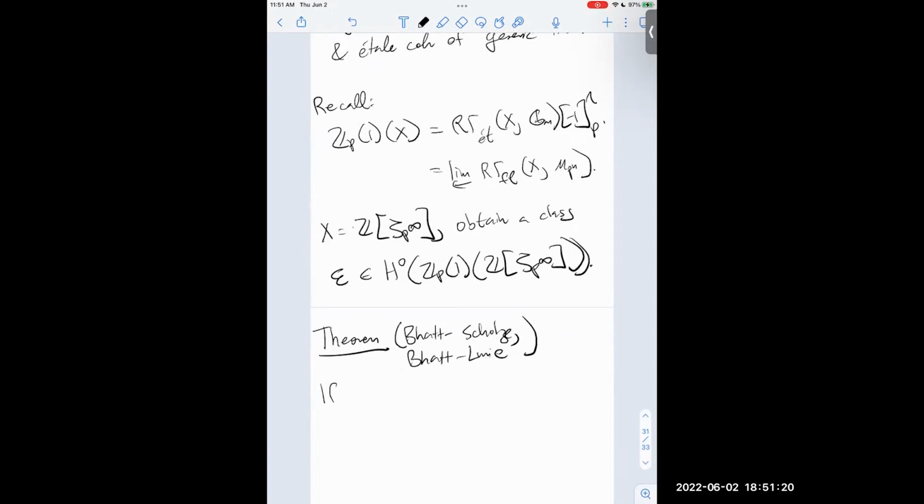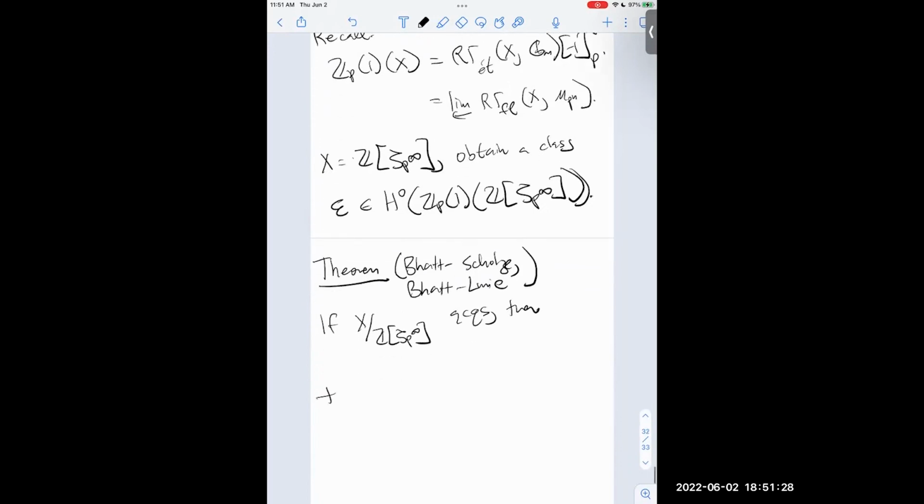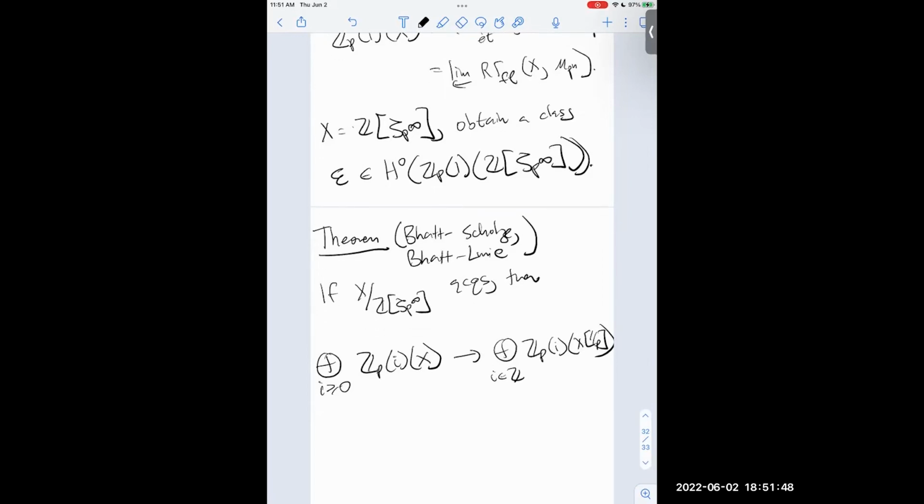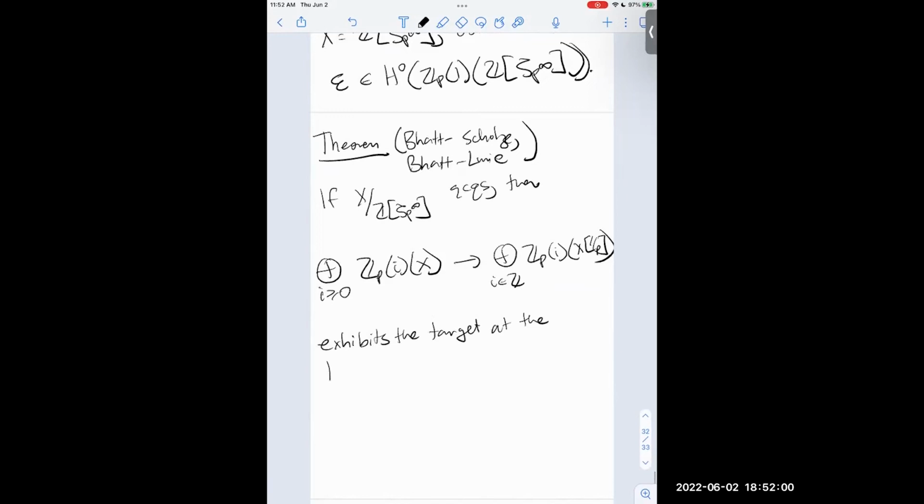It states that if X is a QCQS scheme over Z_p adjoin zeta_{p^∞}, then the map from the syntomic homology of X to the étale homology of the generic fiber, or equivalently the syntomic homology of the generic fiber, exhibits the target as the localization of the source at epsilon in the p-complete sense.